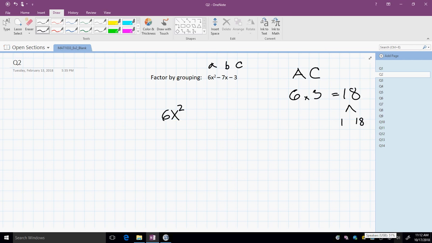The terms subtracted together are going to give you negative 7. 2 times 9, oh, right there. 9 minus 2 will give you 7. So we're going to write 6x squared minus 9x plus 2x minus 3.